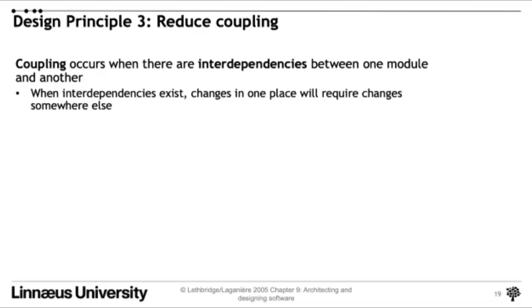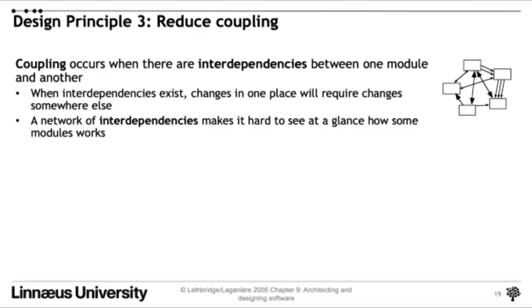And if you have a huge amount of dependencies, your system is very hard to understand and hard to modify. In this example, whenever you touch one of these modules, you have to change all the other modules as well, because the change that you made in one module can have an impact on all the others.